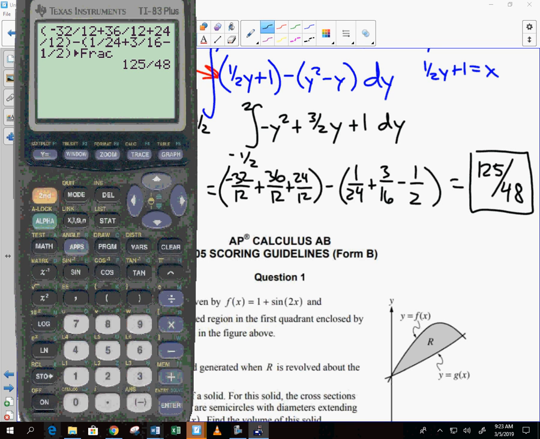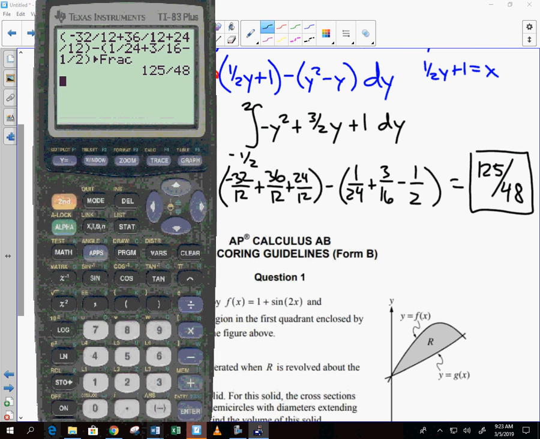It is amazing. Your calculator is capable of actually even more than that. I showed you last year, you guys had the same reaction. You're like, what? Nobody ever showed us this before.